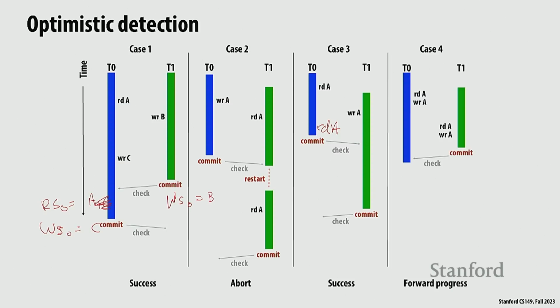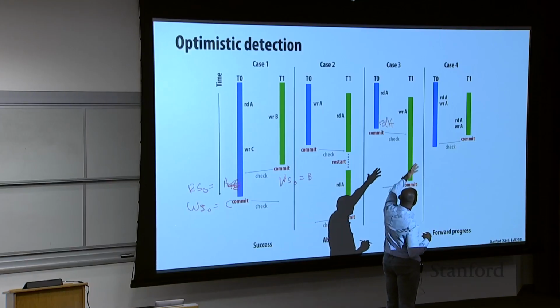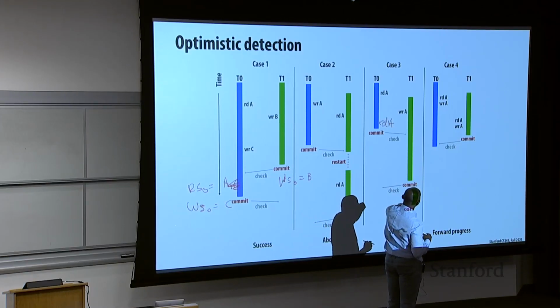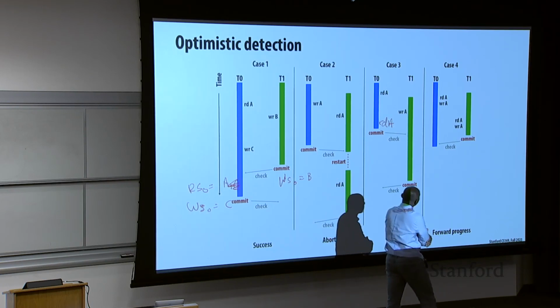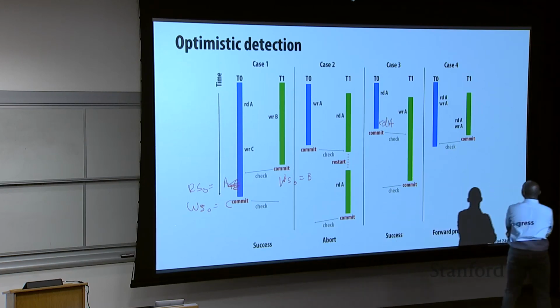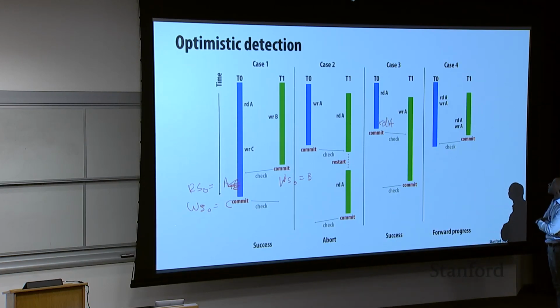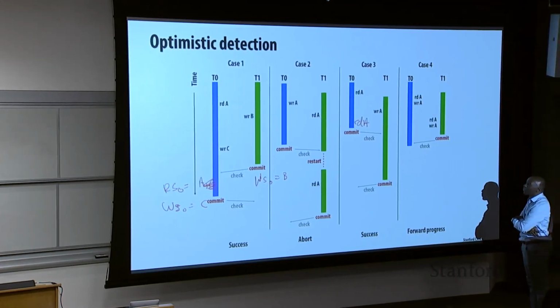All right, so in this case, we have a read and write here, and what should happen? So the read set of T1 and the read set of T0 are both A, and the write set of T0 and the write set of T1 are both A. So what should happen here?